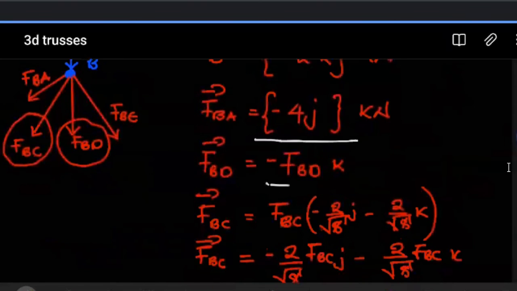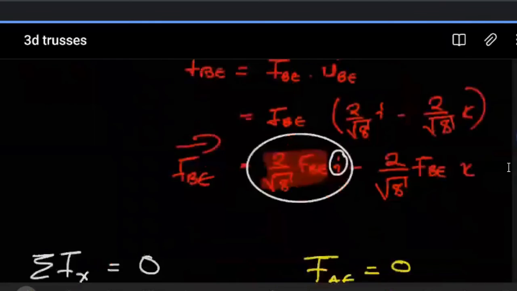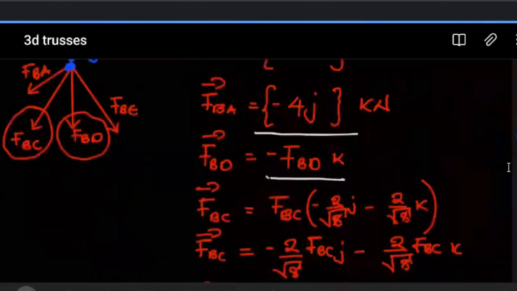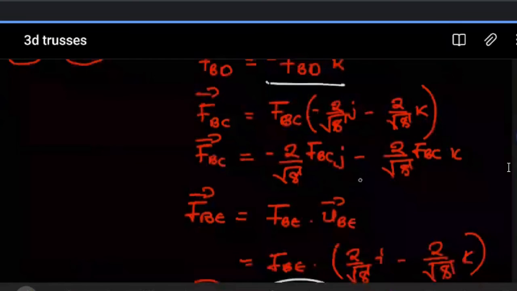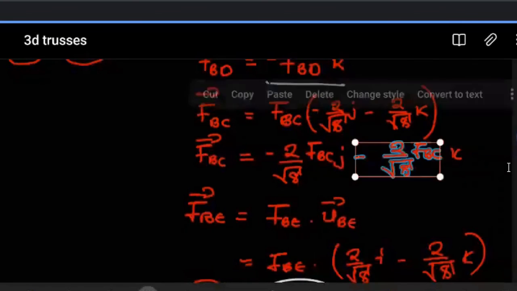Well, this has a Z component, minus FBD. Well, FBC also has a Z component, so just copy the Z component from here.